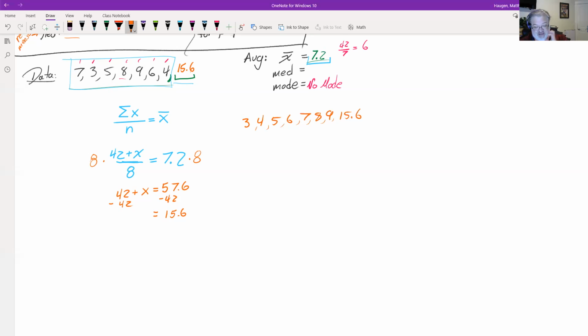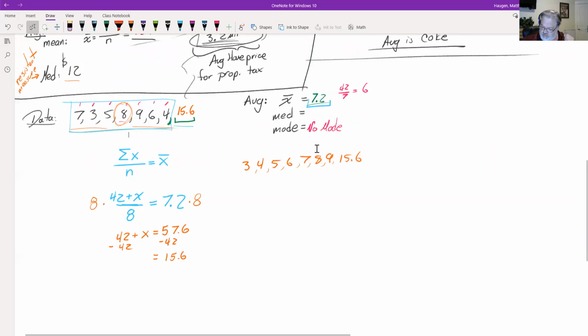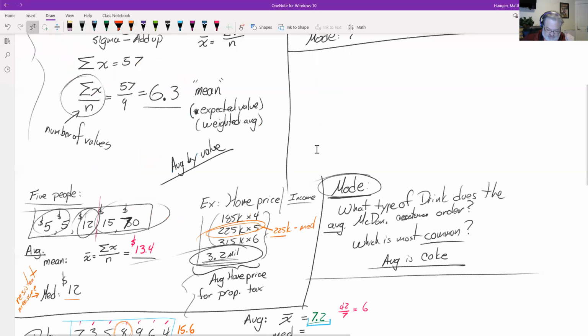It also does something else. Our last two examples of median, we had a nice number in the middle so that there were the same on both sides, right? Because even before this, our 5, 5, 12, 17, 30, there was that one right in the middle because this was an odd number of values.